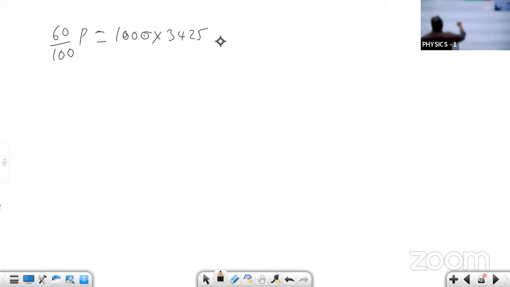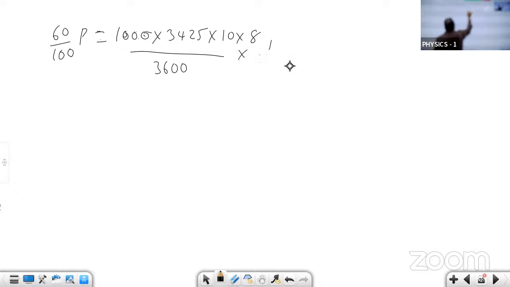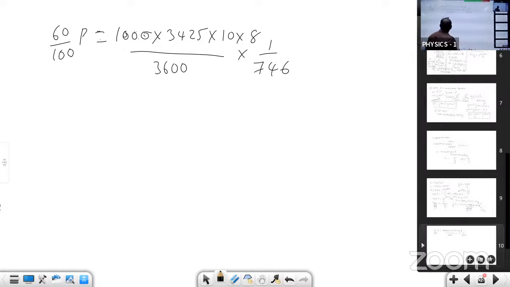This is the volume. g, 8 by 3600 into 1 by 746. 60% of power, mgh by time into 1 by 746. Here, students, the same value I wrote: 60 mgh by time into 746.